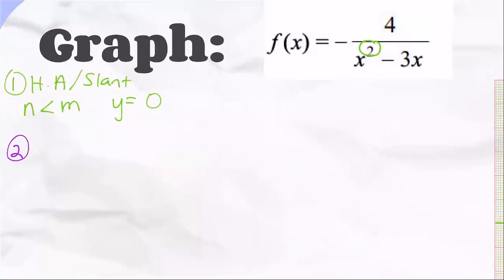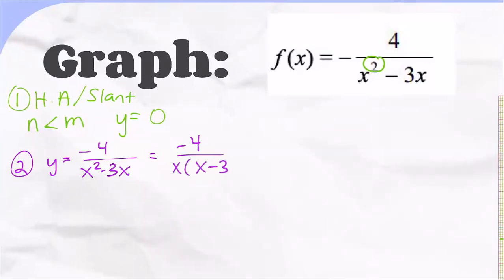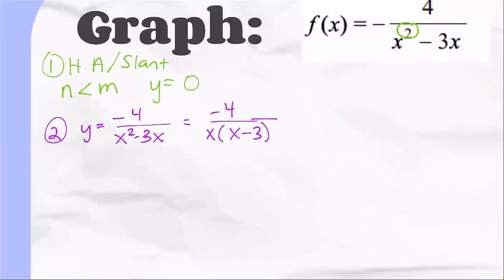Second thing I'm going to do is I'm going to factor the top and the bottom. So if this is my equation, the top, there's nothing I can do. It's just a -4. The bottom does have a GCF. So it's factored. There's nothing to cross out on the top. So I don't need to worry about that.